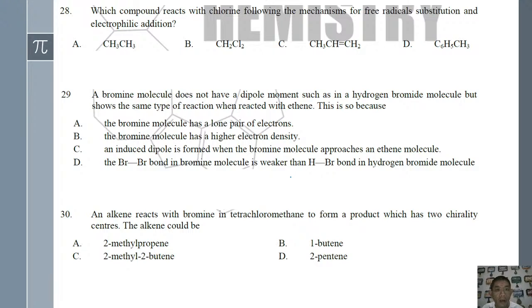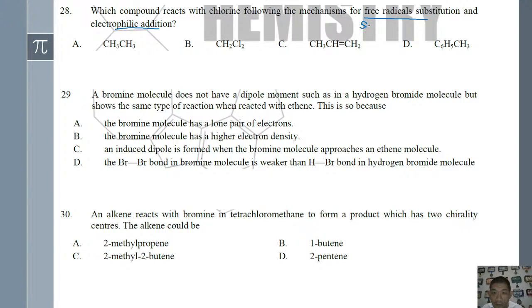Number 28, which compound reacts with chlorine following the mechanism of a free radical substitution reaction? So which one can react via free radical substitution? Definitely alkane can. Anything that has a saturated hydrocarbon. So if you want to have a free radical substitution, you must have a saturated compound.